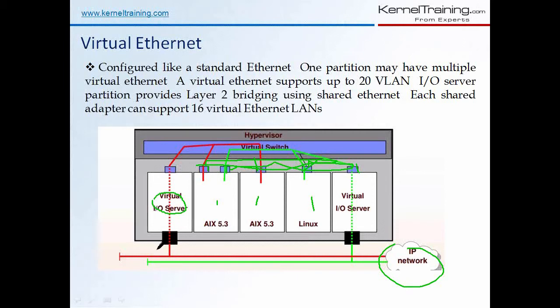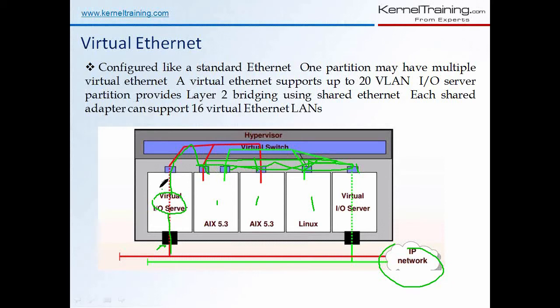I have assigned the physical Ethernet adapter to my VIO server. On that VIO server, I have created one bridge. That bridge will talk to my virtual Ethernet adapter, and that bridge will communicate outside.